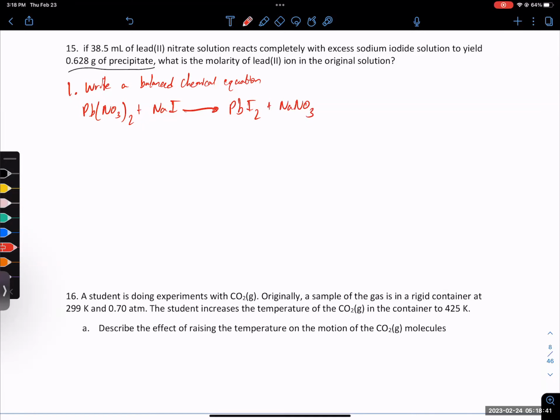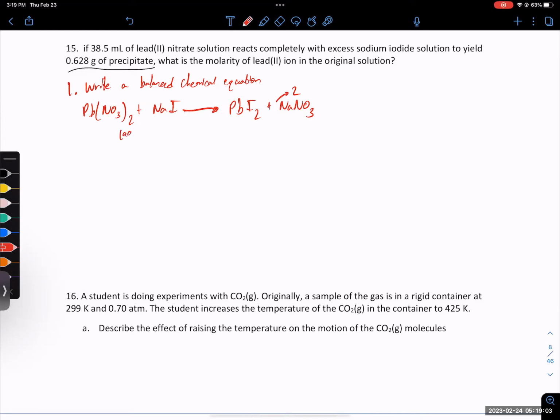Is this equation balanced? How would you balance it? Or what coefficient would you use? Exactly. So 2 right here.